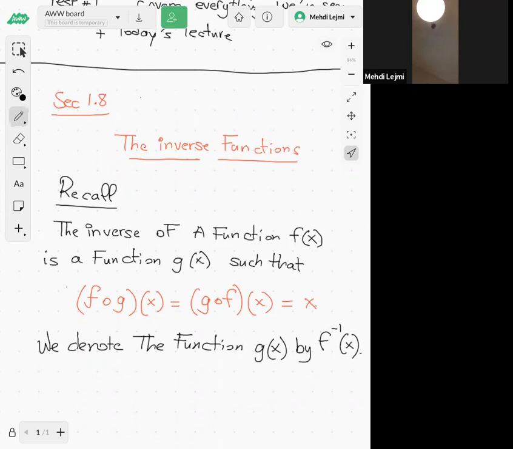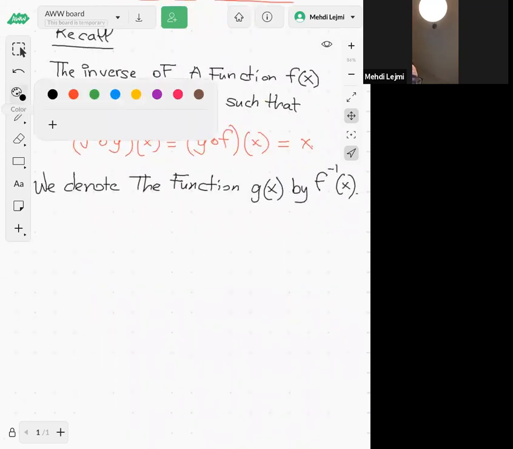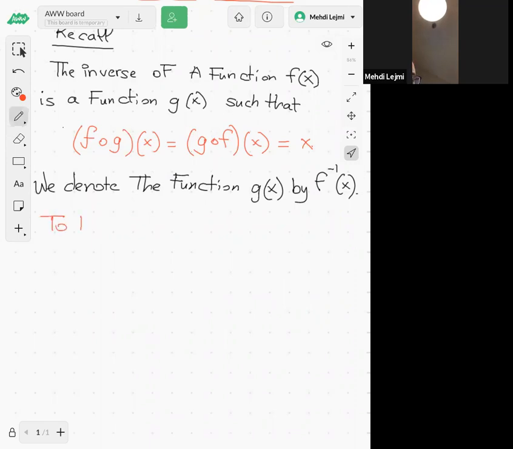I think I explained how we can find the inverse of functions. So if you want to find the inverse of a function f, we said there are 3 steps.